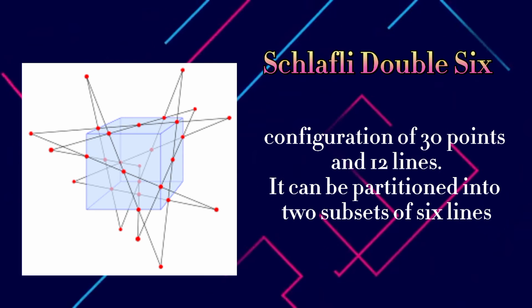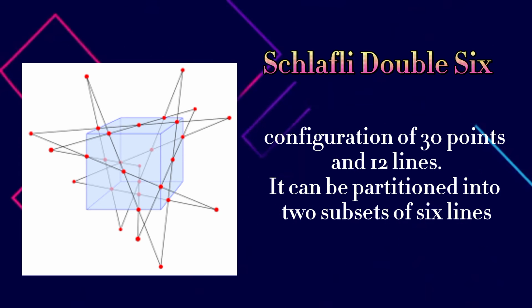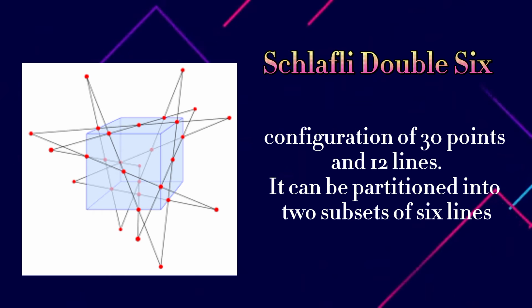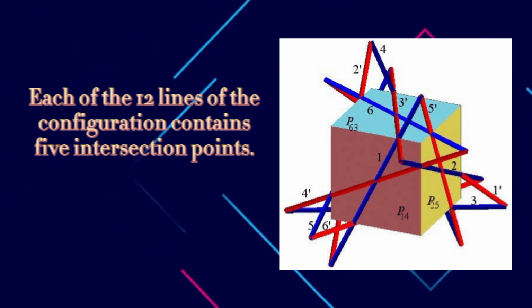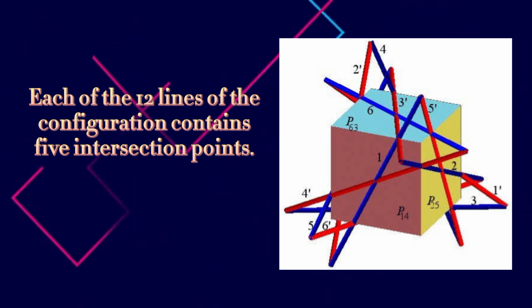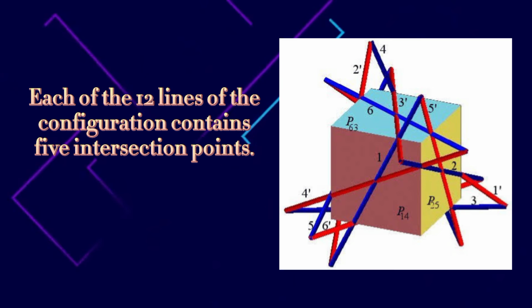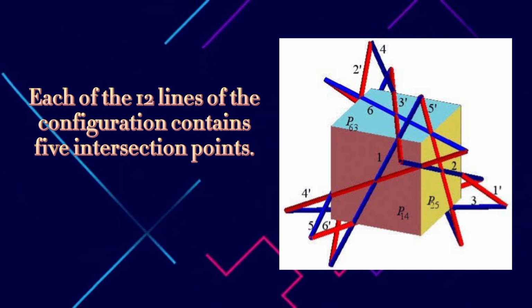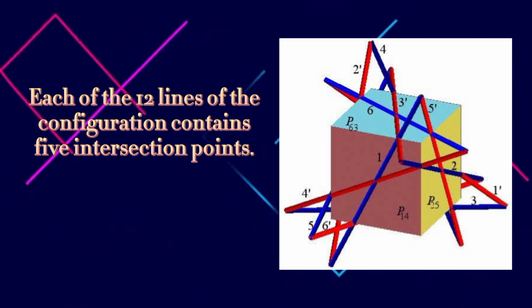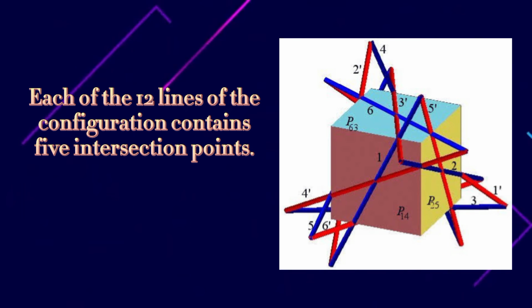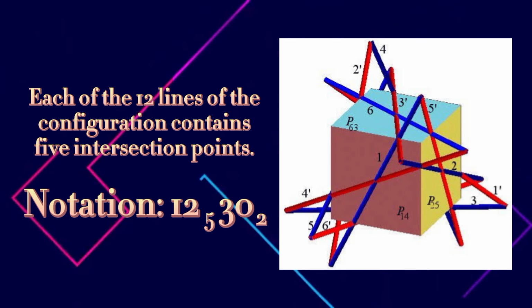Each line is disjoint from, or skew with, the lines in its own subset of 6 lines and intersects all but one of the lines in the other subset of 6 lines. Each of the 12 lines of the configuration contains 5 intersection points, and each of these 30 intersection points belongs to exactly 2 lines, one from each subset. So in the notation of configurations, the Schläfli double six is written 12 sub 5, 30 sub 2.